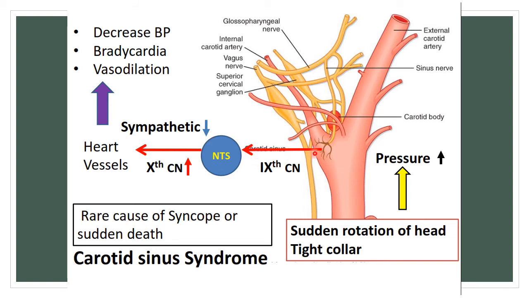Baroreceptors are present here, and stimulation of this carotid sinus causes fall of intracranial blood pressure. So if the intracranial blood pressure increases, to reduce it, surgeons stimulate the carotid sinus. It is one process to decrease the intracranial blood pressure.